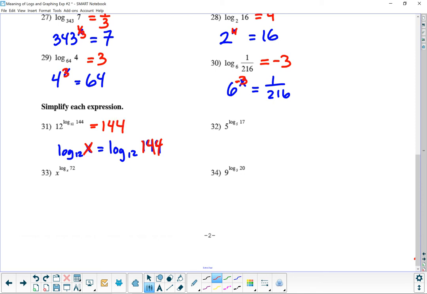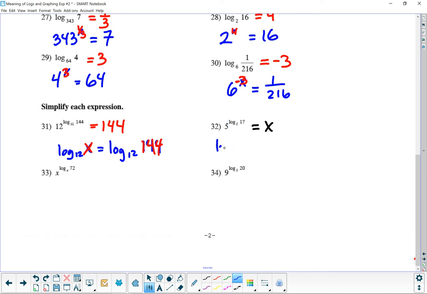Okay, so you can just utilize the definition of a logarithmic equation written in terms of an exponential, or an exponential equation written in terms of a logarithmic. Okay, so similar idea, right? So let's say, I don't know what this is equal to, right? What this expression, the whole thing, what is it equal to? So I'm just going to go ahead and call it x. Okay, so I'm going to go ahead and write this as a logarithmic equation of log base 5, because this is an exponent base 5.